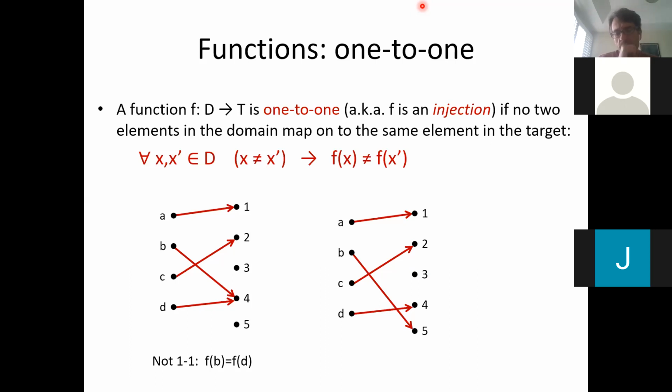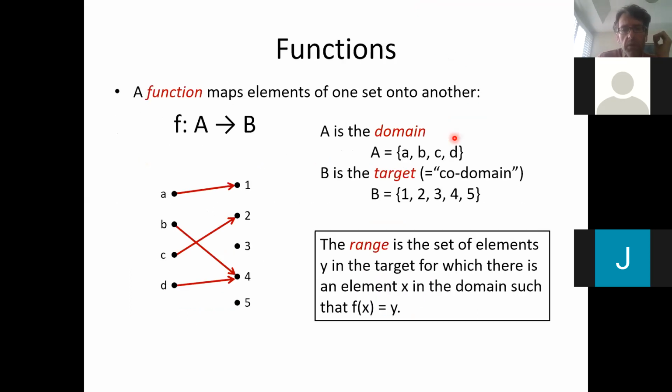Professor, could you please go back to the slide of range and codomain? I missed that. This one? Yeah, thank you. So codomain is always larger than the target? Codomain and target are synonymous.